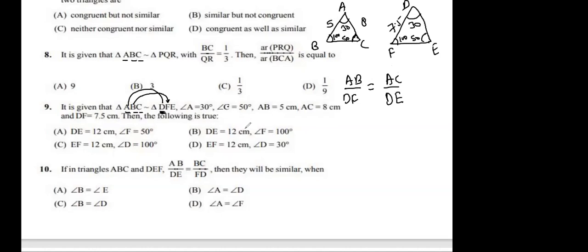Let me check this one first. This one is 5 upon 7.5, which will be equivalent to 8 upon DE. So what would be the value of this one? You can bring the DE to that side.